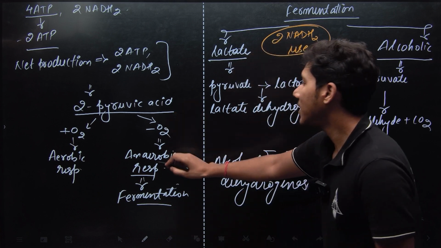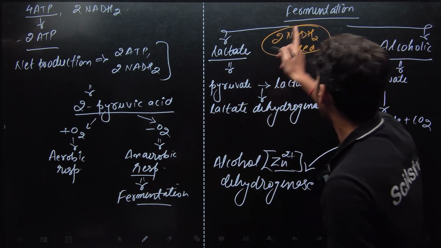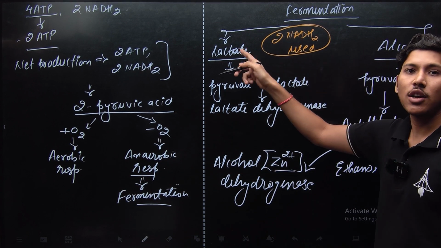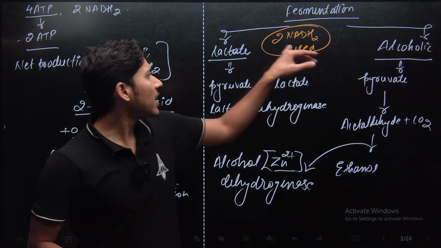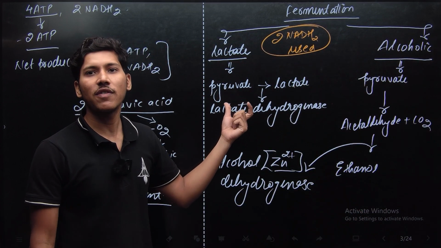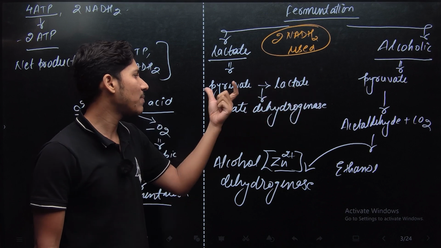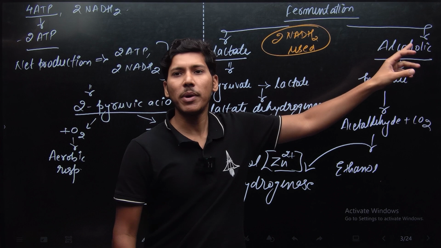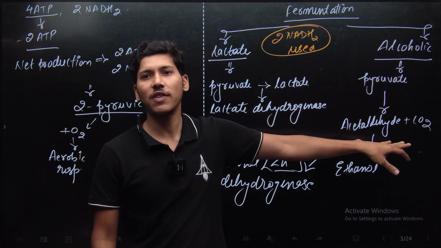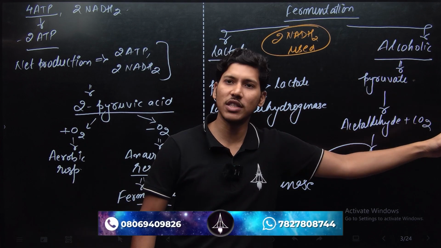Okay? First, let's study if it does not get oxygen. Then it can undergo lactic acid fermentation or alcoholic fermentation. In lactic acid fermentation, the pyruvate is converted into lactic acid with the help of an enzyme known as lactate dehydrogenase. And in alcoholic fermentation, the pyruvate is first converted to acetaldehyde with the release of one CO2 molecule.